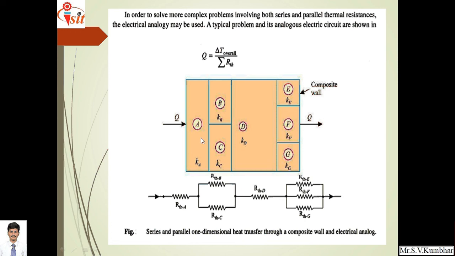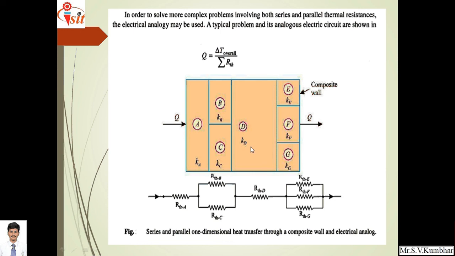Now here its equivalent circuit is shown. First of all, thermal resistance of A. This A is connected in series with B and C, but B and C are in parallel. So thermal resistance of B and thermal resistance of C have to be connected in parallel, and its equivalent resistance is taken into consideration for solving this circuit.